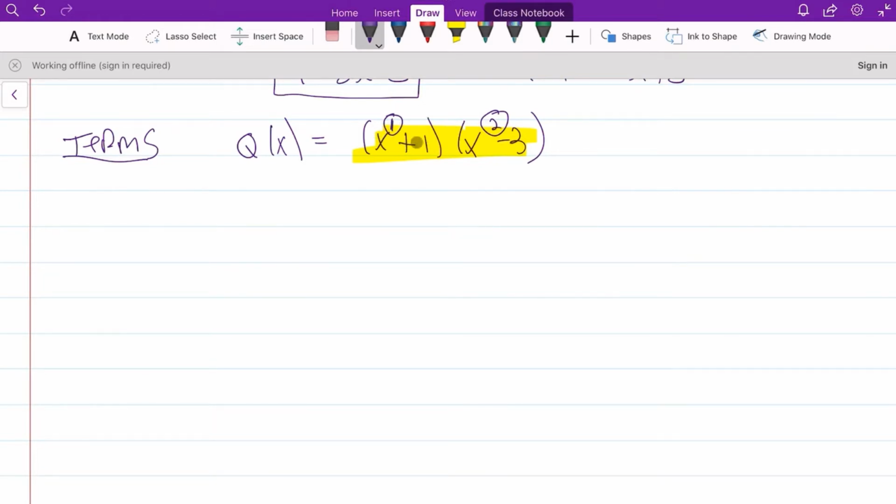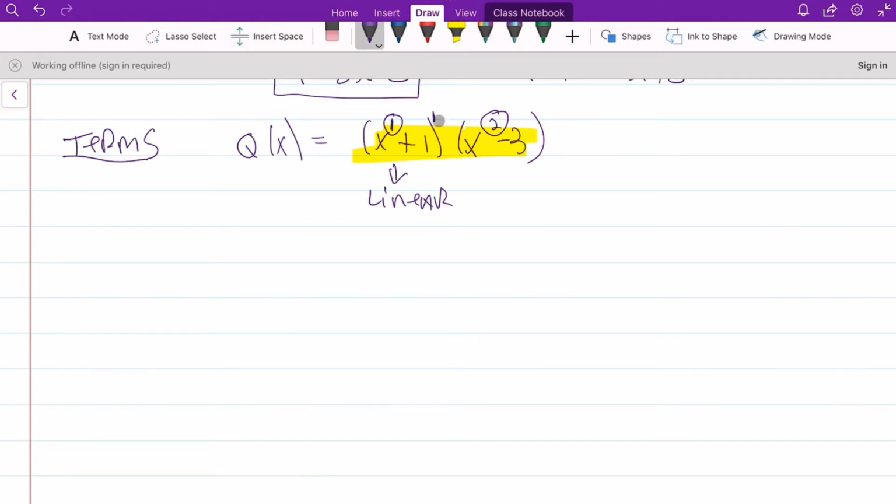If on the inside of your parentheses your exponent is a 1, this is going to be considered a linear factor. Okay? And then you look on the outside of the parentheses, and I can see I don't have any exponents, so we know my exponent there is a 1.